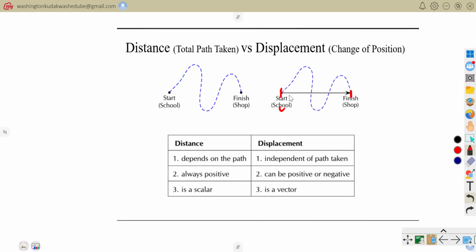So you would see that displacement has got direction, because if I was at school, now I'm east of what? Of my initial position. But when it comes to distance, I actually get to move haphazardly, irrespective of the direction.